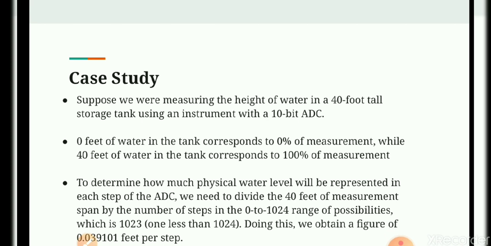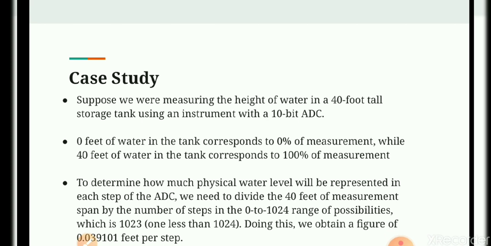Now we have a 40-foot tall tank, and we want to measure the level with the help of a 10-bit ADC. We are considering that 0 feet of water in the tank corresponds to 0% of measurement, while 40 feet of water, that means full tank, corresponds to 100% of measurement.